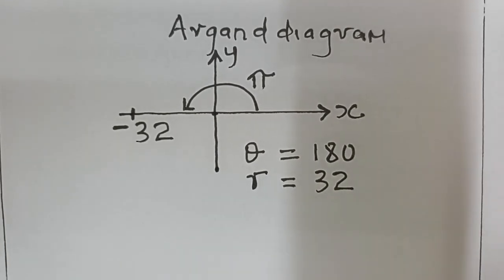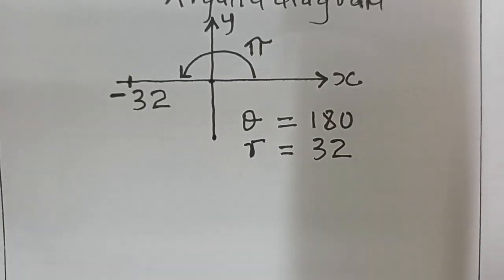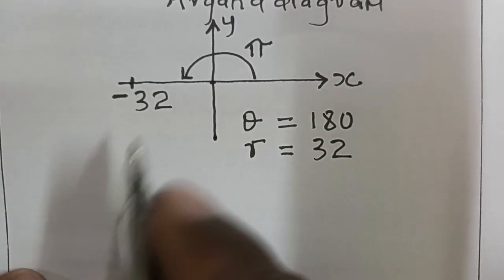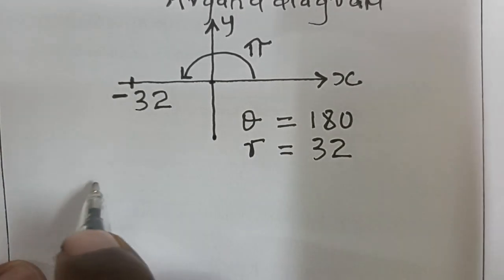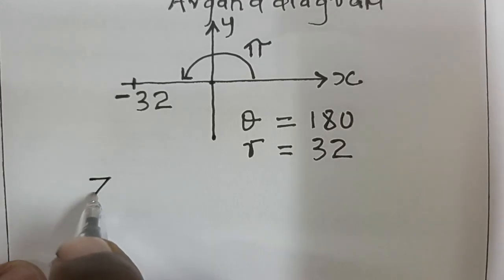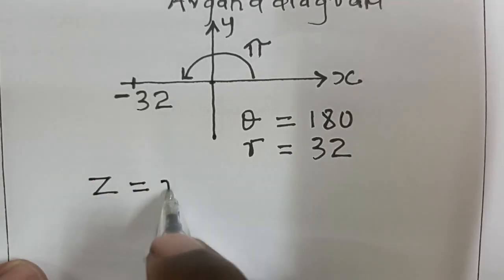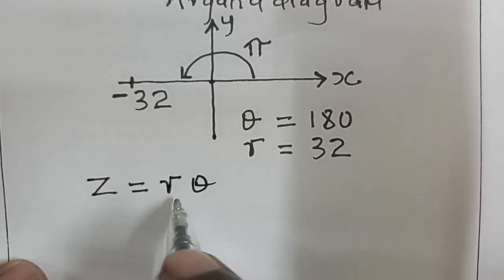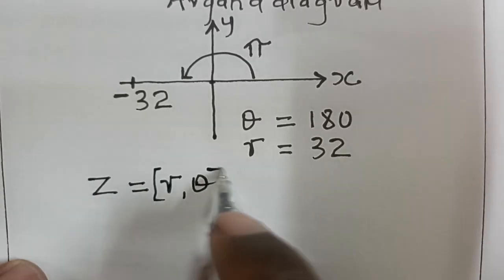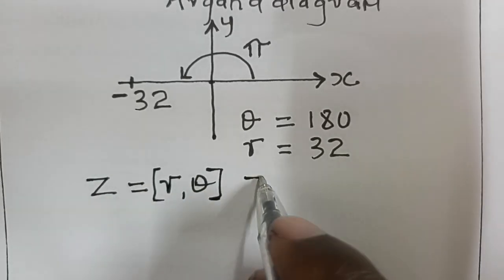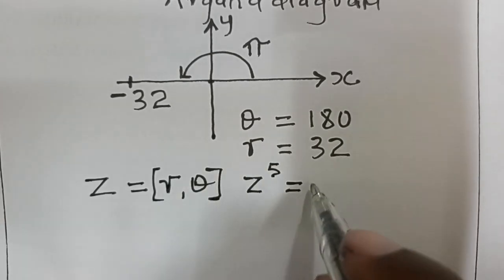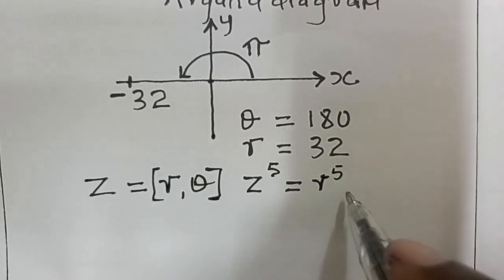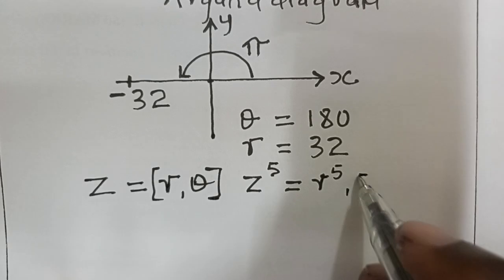Now we come to what we call De Moivre's theorem. If we have z equals r theta, according to De Moivre's theorem, if we raise z to 5, this would give us r raised to 5 and 5 theta.